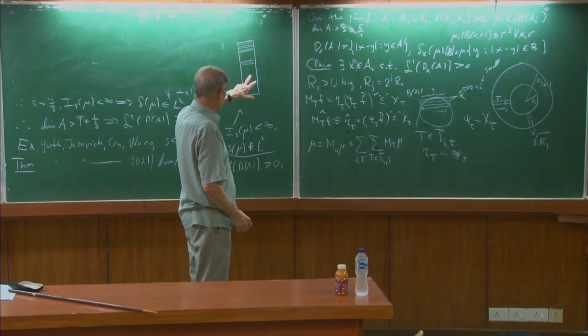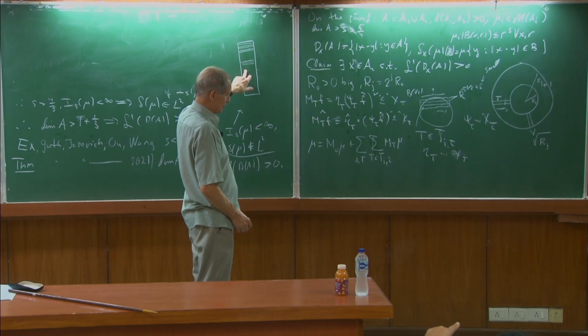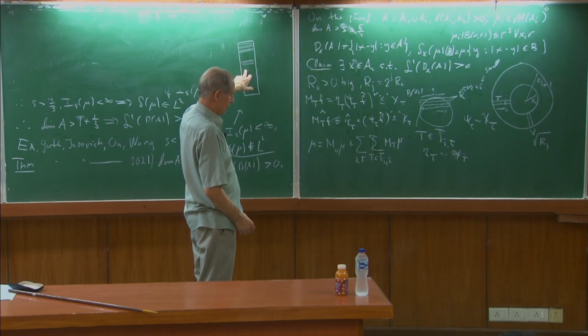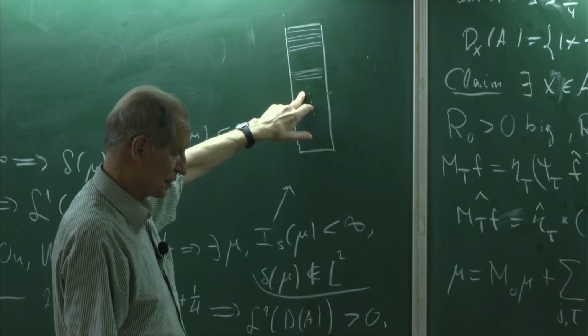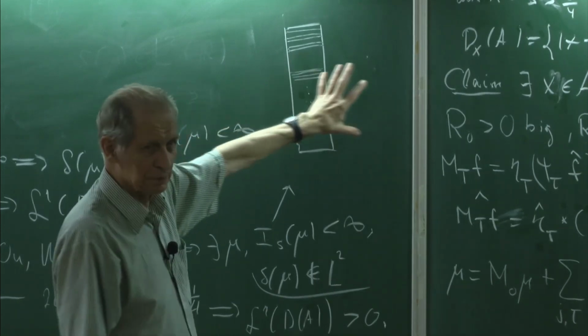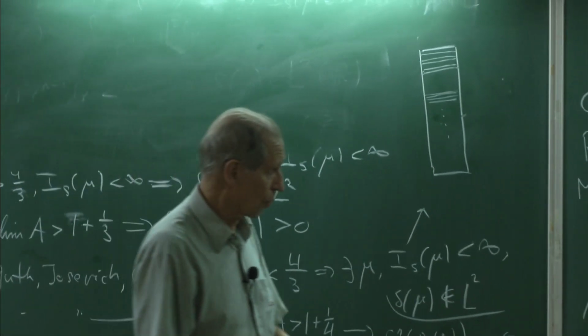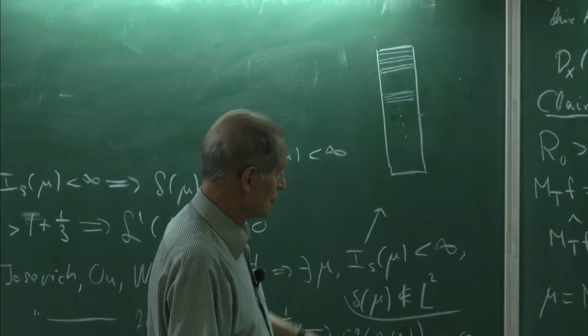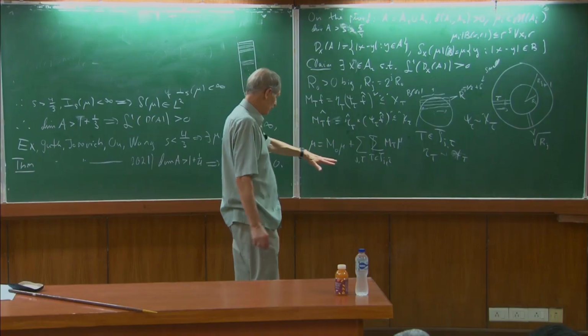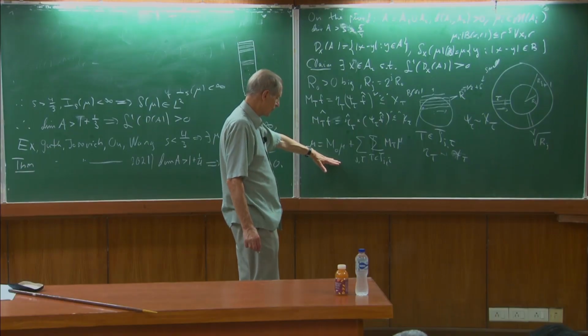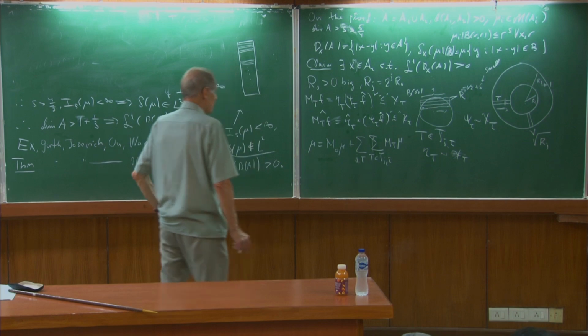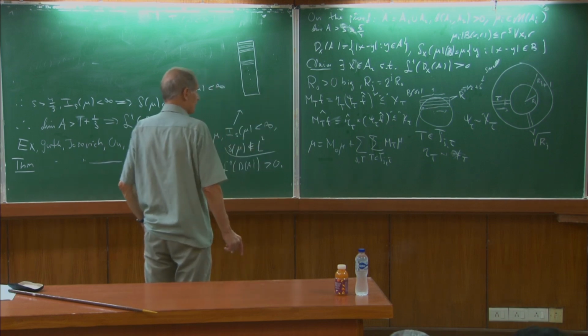But look, thinking of this example, you can maybe imagine what kind of parts should be removed from mu1. So we really look at this decomposition for mu1, which was the measure living on A1.